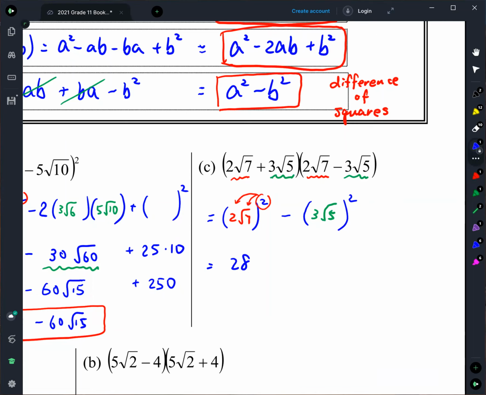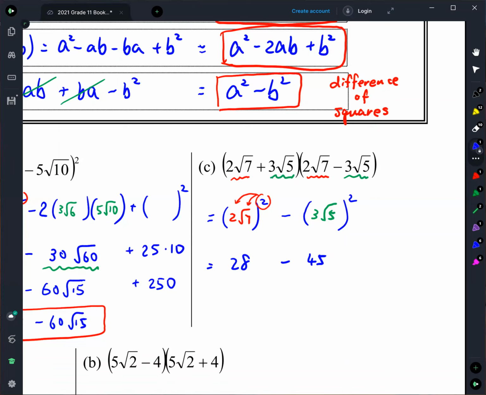Okay. And then the next one, Bernice. What's B squared? It would be 9 and then multiplied by 5. Which is 45. Okay, very good. So 28 minus 45, right? After a couple times, you can do the square in the head.